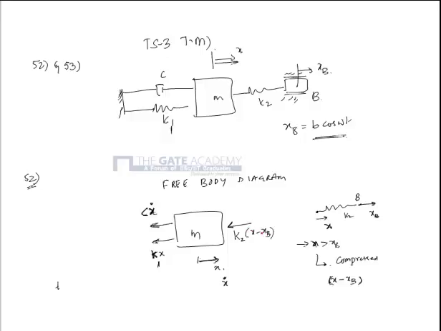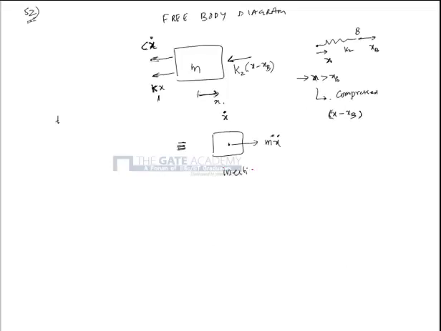These are the three forces on the mass, and this is my free body diagram. The mass will have an acceleration, so the inertial force is m x double dot. Equating the free body diagram terms to the terms in the inertial diagram, this is my inertial diagram where I have represented only the inertial forces.